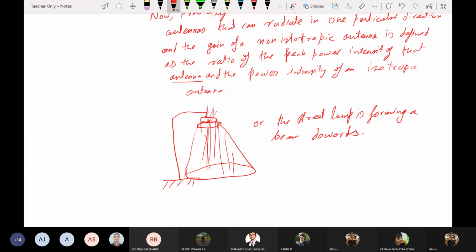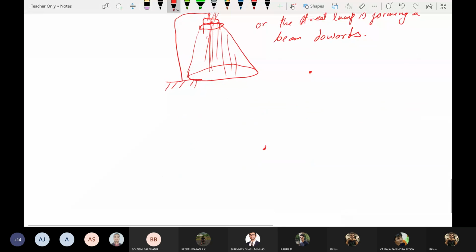That's a separate story. But we are trying to focus the beam downwards, and if you get constructive interference, you will get more intensity. So if I draw a point source like this, this can be the origin of a circle.